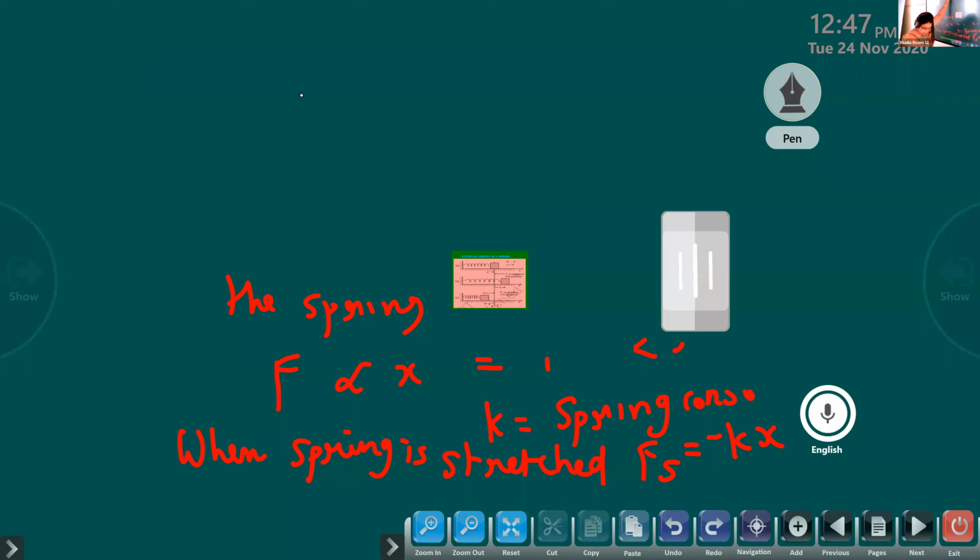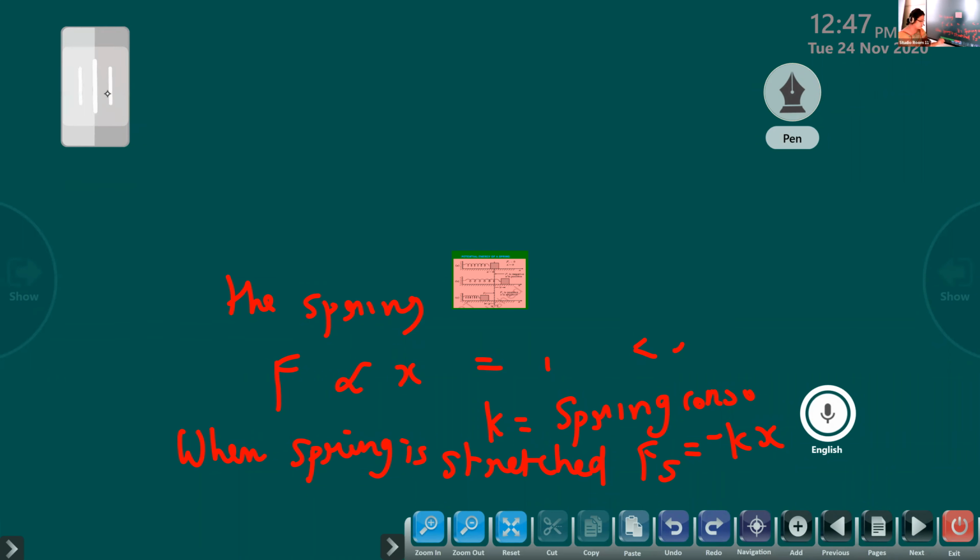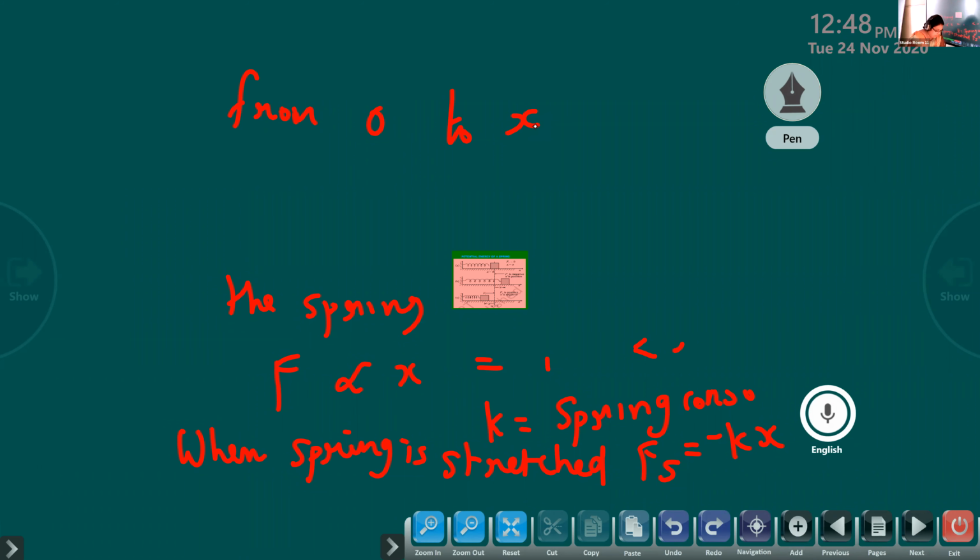When the object is extending from 0 to x, then the work done in stretching of the spring, W, is equal to, since it's a variable force, the integral from 0 to x of F dx.